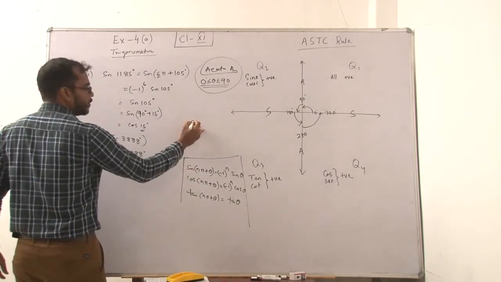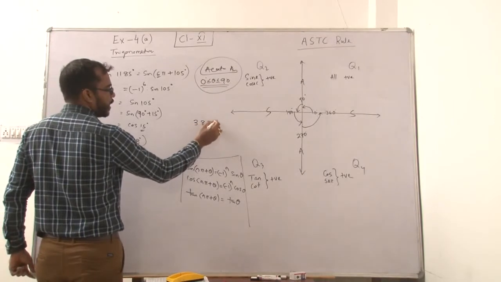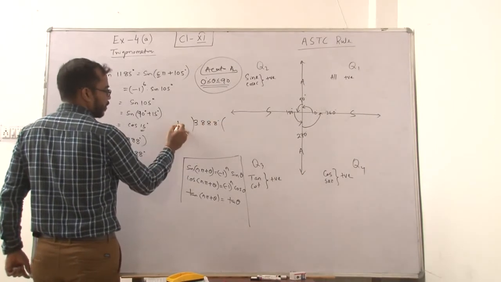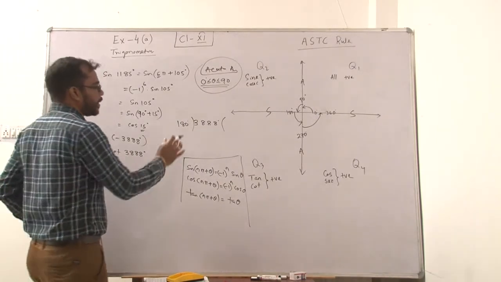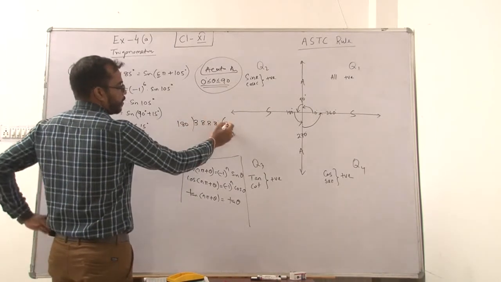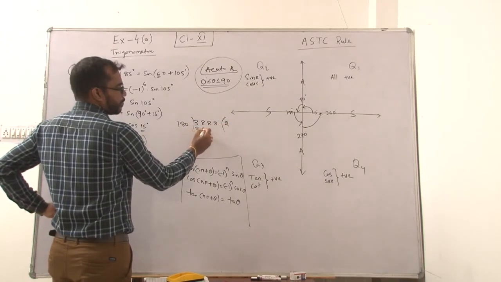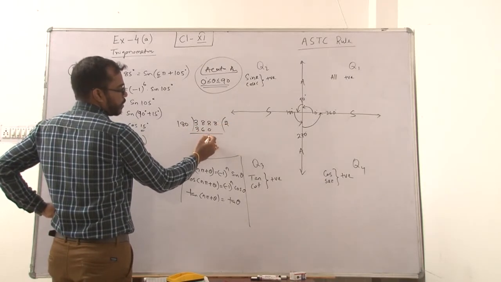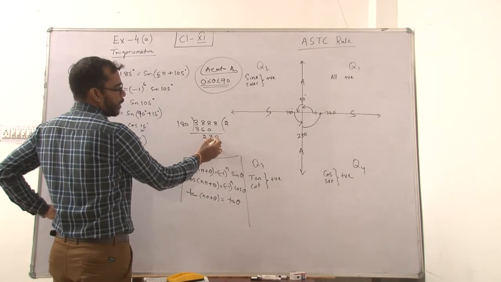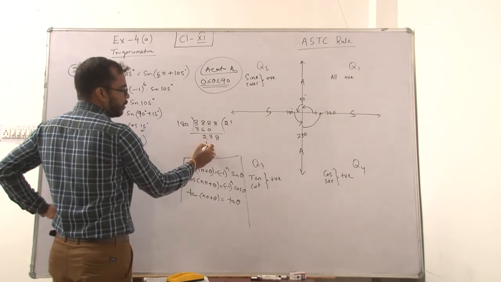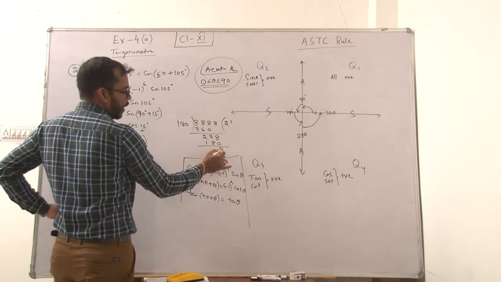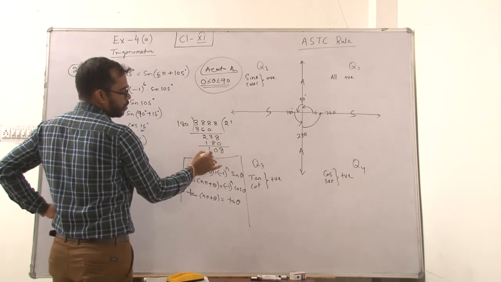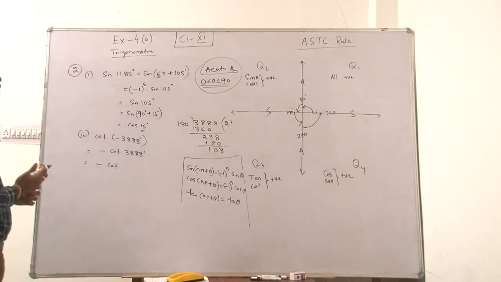Now you can write cot similarly as per the first bit. We divide 3888 degree by 180 degree. If we divide, 180 into 21 is 3780, and the remainder is 108 degree.